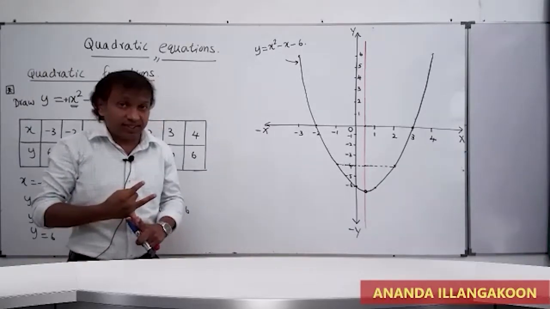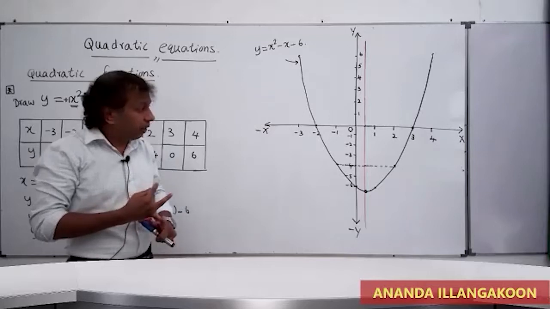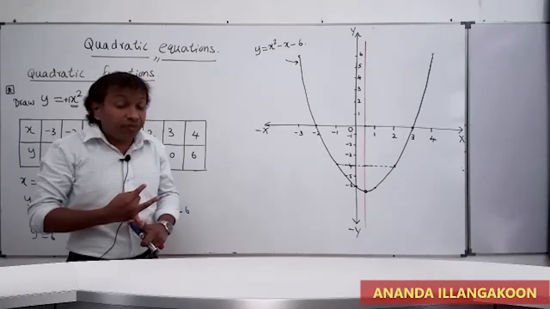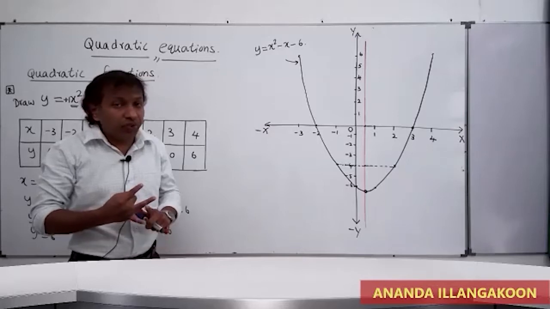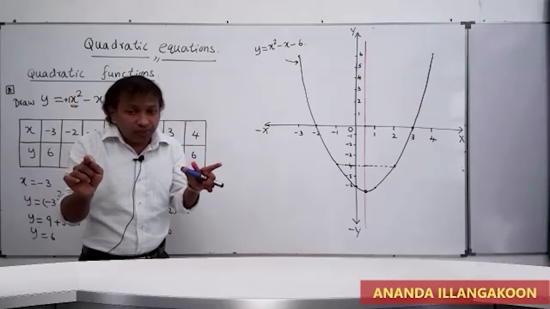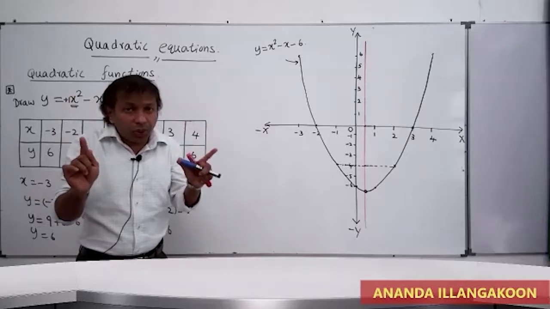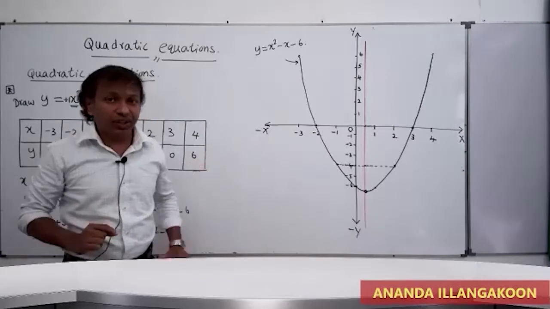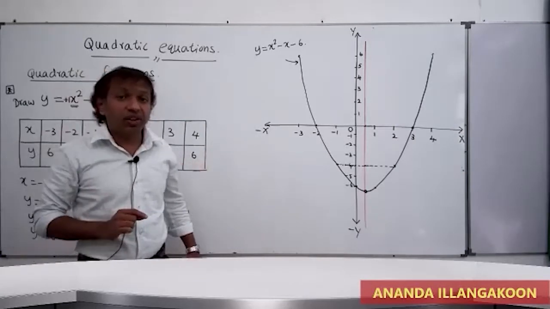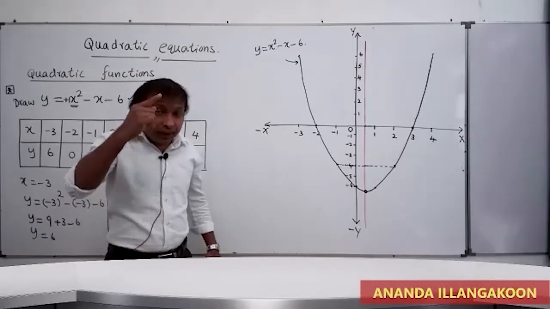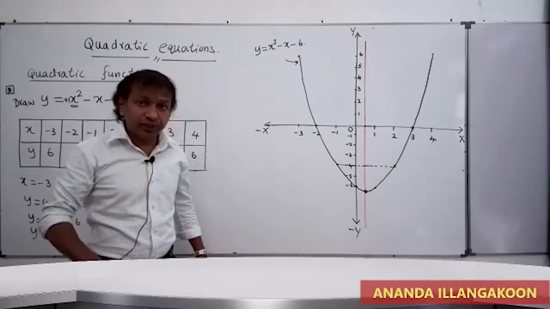And what's the other one? The graph has 2 roots. How do we define the roots? When the graph cuts the x-axis at 2 points, the x coordinates at those points are called the roots. And the graph has a lowest point.